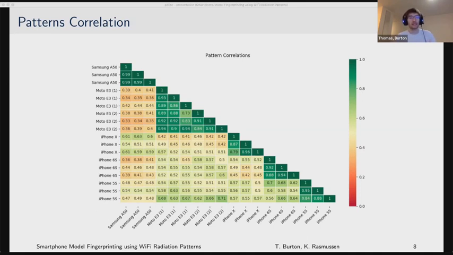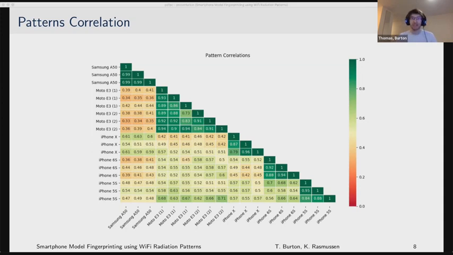Although limited, this suggests that device type fingerprinting is possible, but unique device fingerprinting is maybe less possible. Maybe not possible.